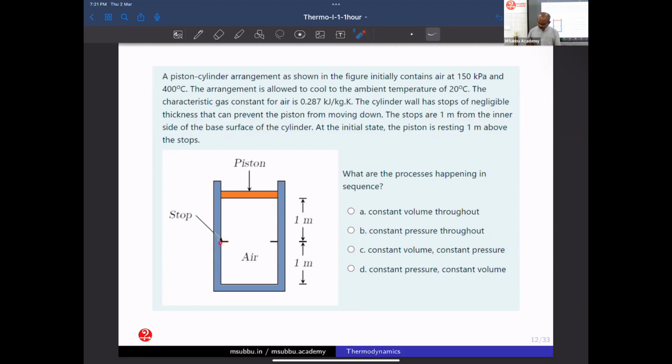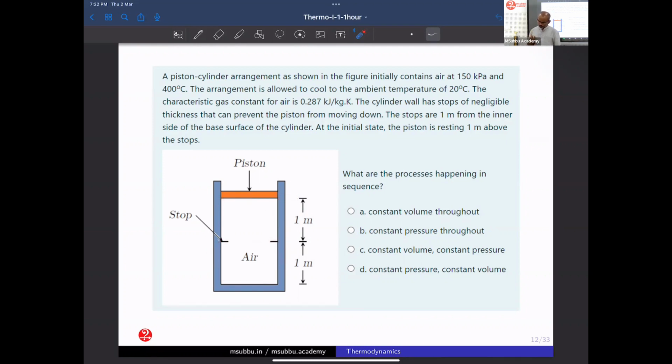The volume cannot be reduced below that. The stops are 1 meter from the inner side of the base of the cylinder. At the initial state, the piston is resting 1 meter above the stops.